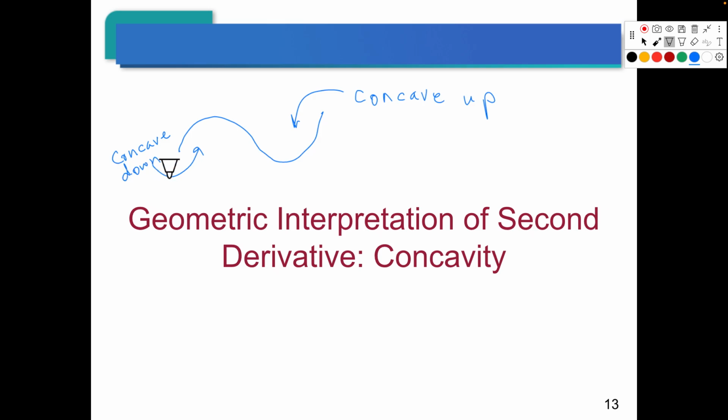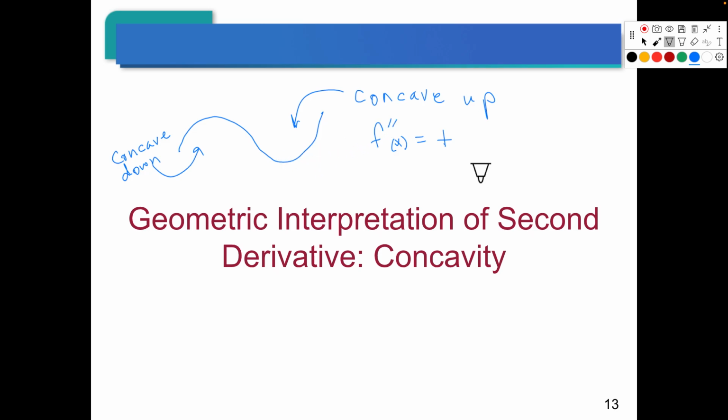But that's what the second derivative will help us determine without actually having to look at it. Basically, if the second derivative of the function, so here's our second derivative of this function, if it has a positive value at this particular x value, so we plug in any of these x values here, if it's positive, it'll be concave up.